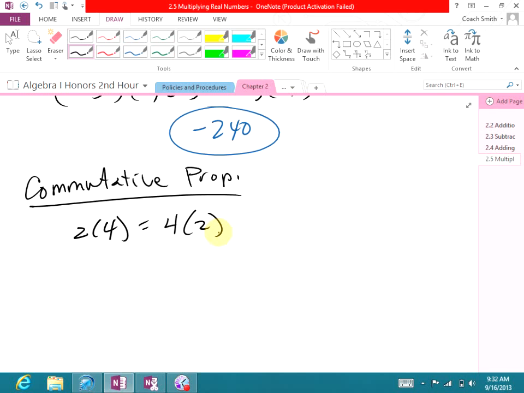I can take 2 times 4 and 4 times 2. It's going to equal the same. 1,000,000 times 10 and 10 times 1,000,000 are going to be the same number. So the commutative property says I can take 2 terms that I'm multiplying, flip them, and I get the same answer.